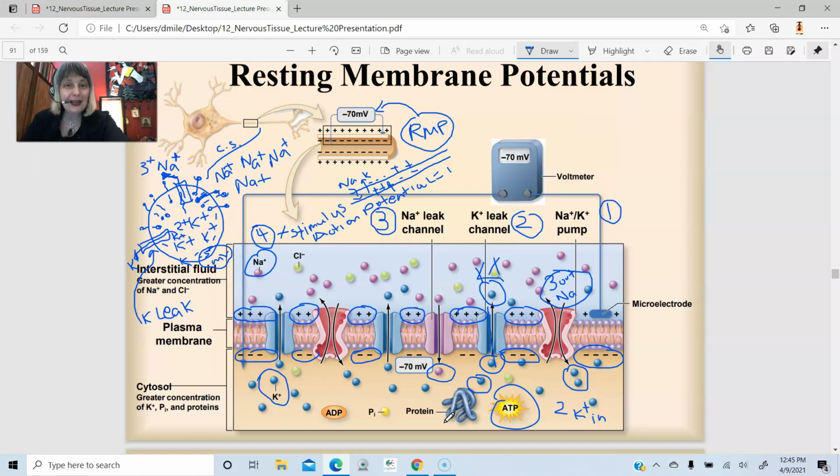I know I'm being repetitive, but that's how we learn the material, just rehashing what you see in this image. Okay, so again, if this is a neuron, all I need to do is stimulate the neuron, and guess what? Positive sodium ions are going to rush in.